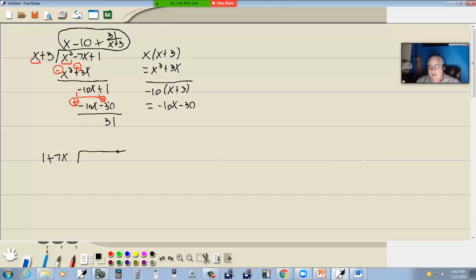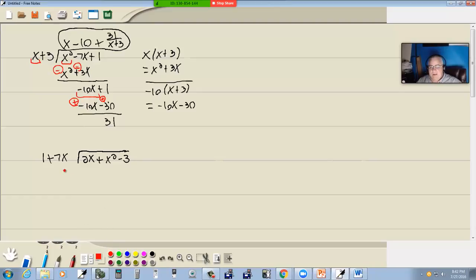I'm not going to actually work this problem, but I want to talk about the setup. In order to do long division, two things have to be true.